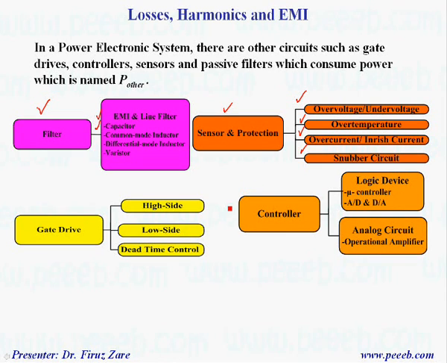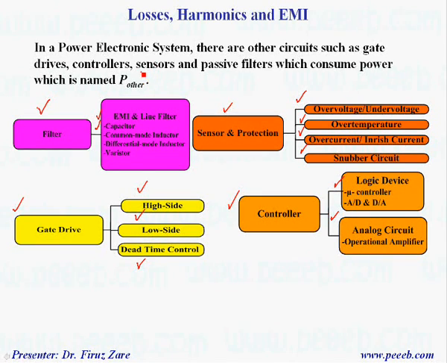When we are talking about the controller, basically the controller consists of logic devices, for example a microcontroller or A to D or D to A, so they consume power. And also analog circuits like operational amplifiers or comparators, they consume power. And when we are talking about gate drives, that means the high side gate drive, low side gate drive, or the other logic device to control the dead time, they consume power.